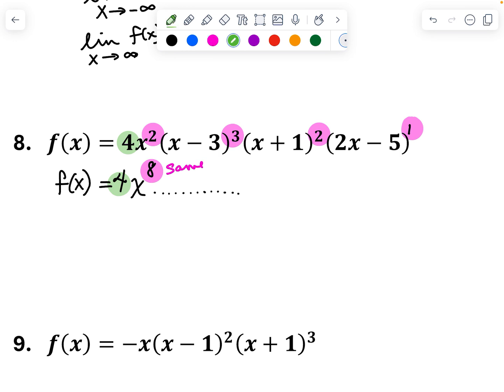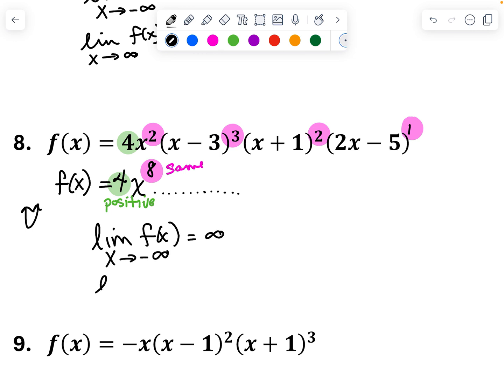And if it is positive, it is going to be pointed up. So that is going to be the limit of f of x as x moves to the left is equal to infinity, and the limit of f of x as x moves to the right is still going to be moving up.